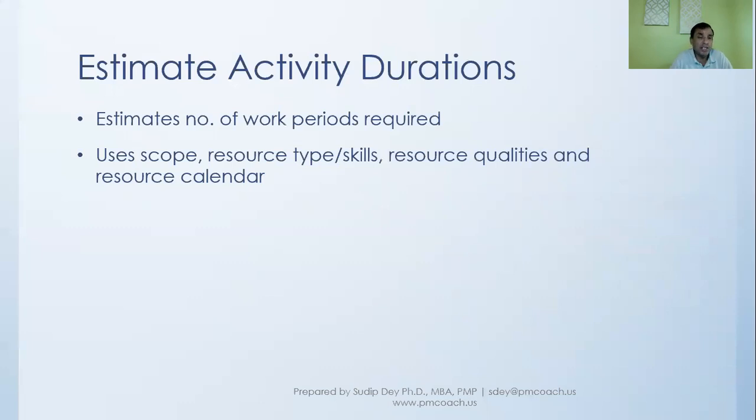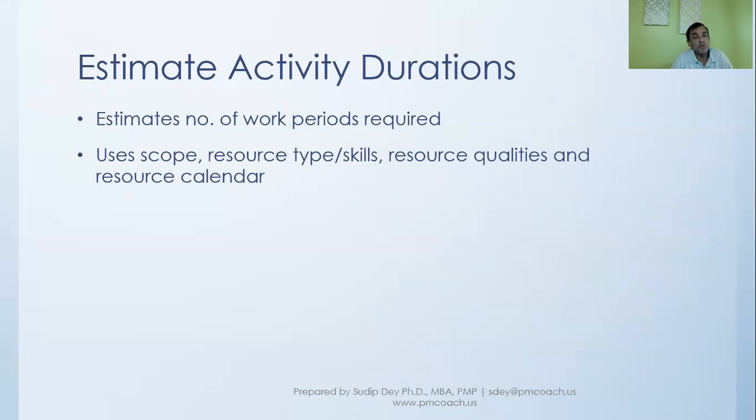Then the resource calendar is another thing that we should not forget to consider when we are estimating activity duration. The resource calendar tells us when this resource is available.